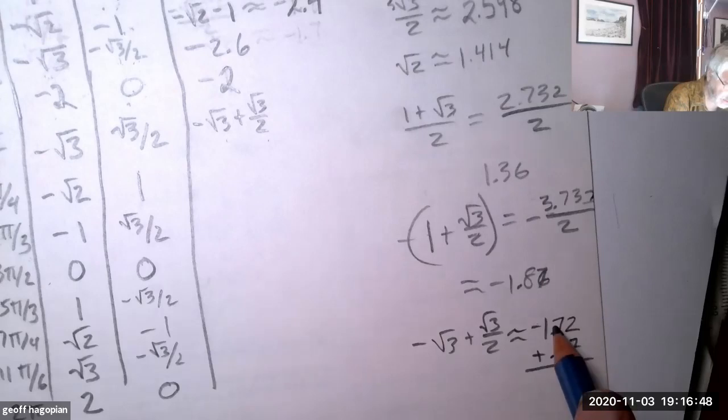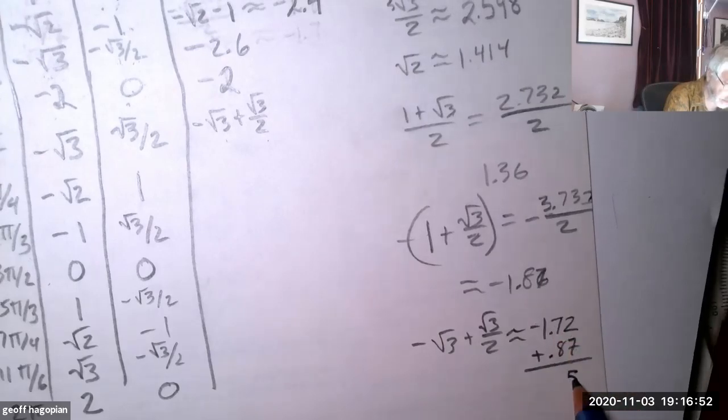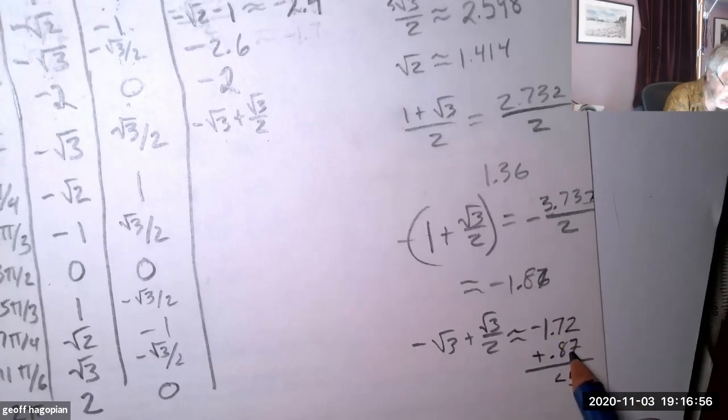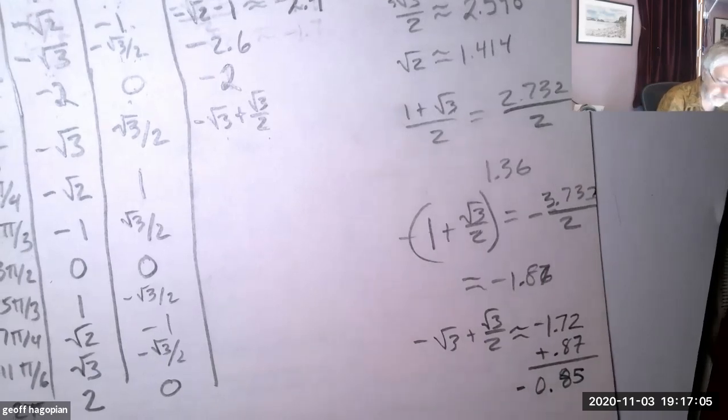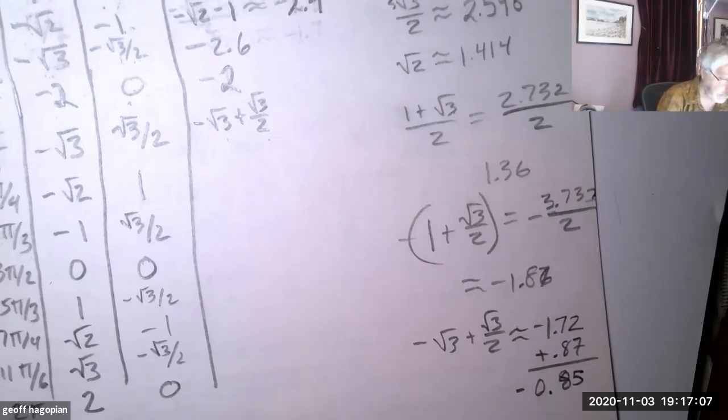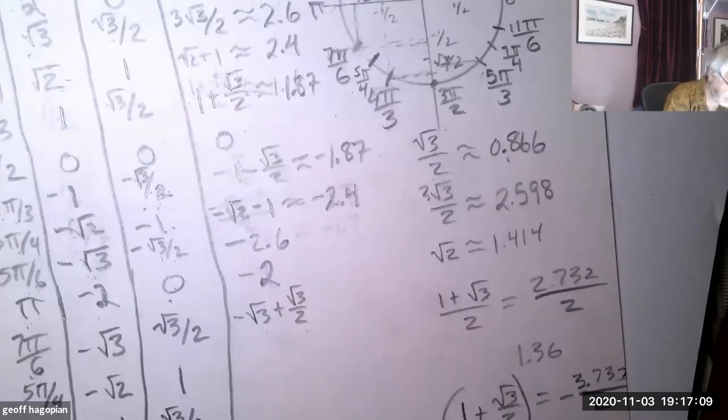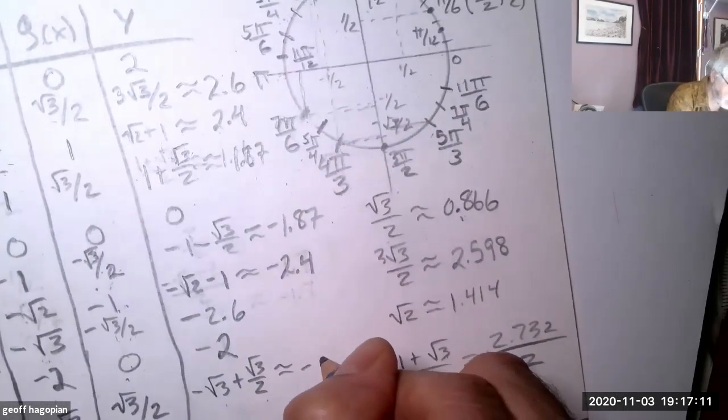And we subtract the smaller from the larger and get 16 minus 8 is 8. And so it's going to be negative 0.85. Okay. So that's this approximate value.